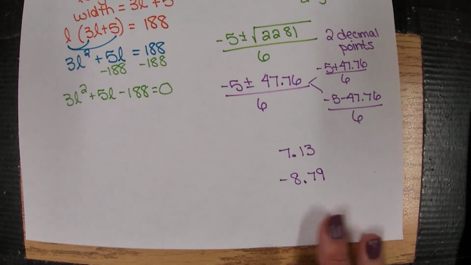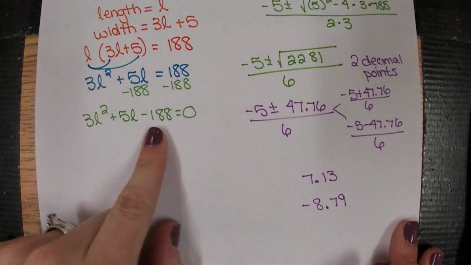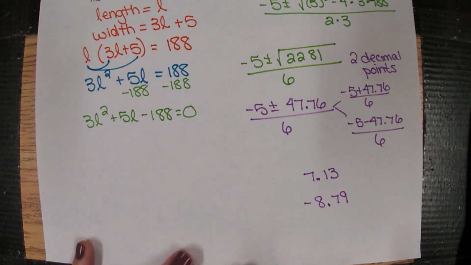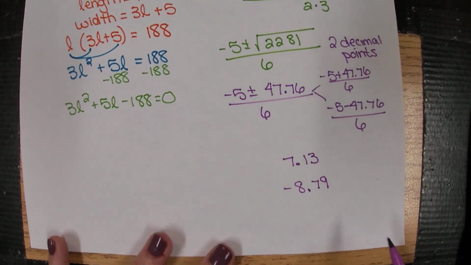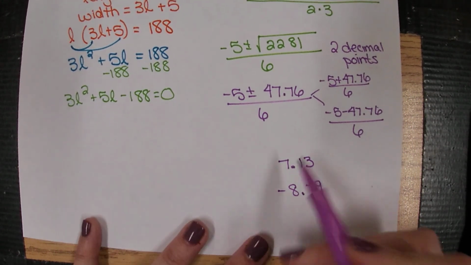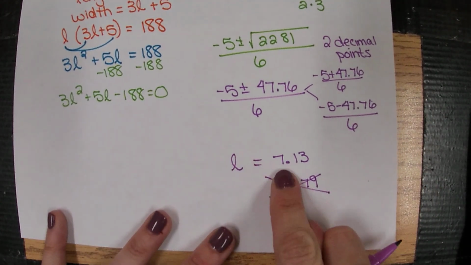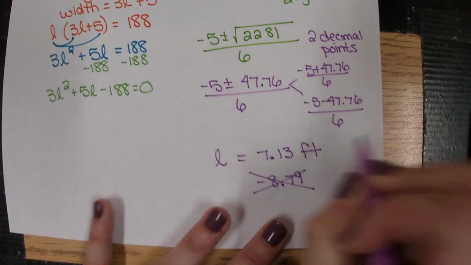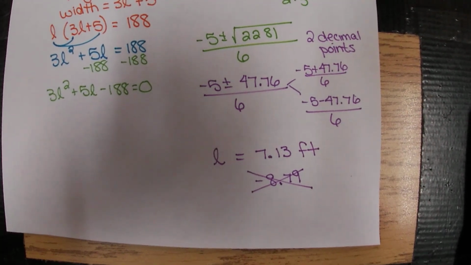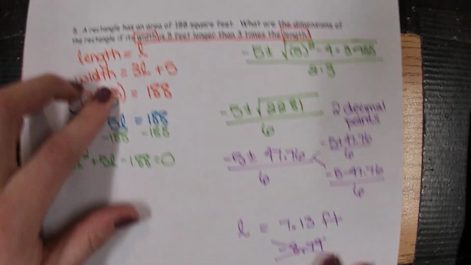Okay, again, what did I solve for? My variable was L. So these are the options for my length. A measurement doesn't make sense when it's negative. So my length is going to equal 7.13 feet. But I'm not done yet. I still need to find my width.